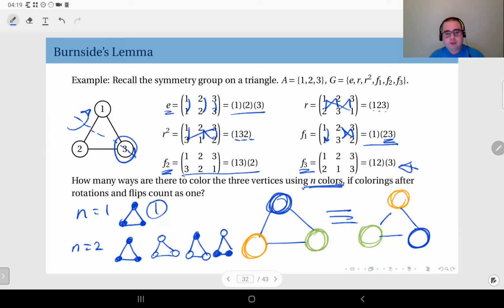In n equals 2 case, there are just 4 possible solutions, because if you flip and rotate them, whatever you get will not count as new configurations.